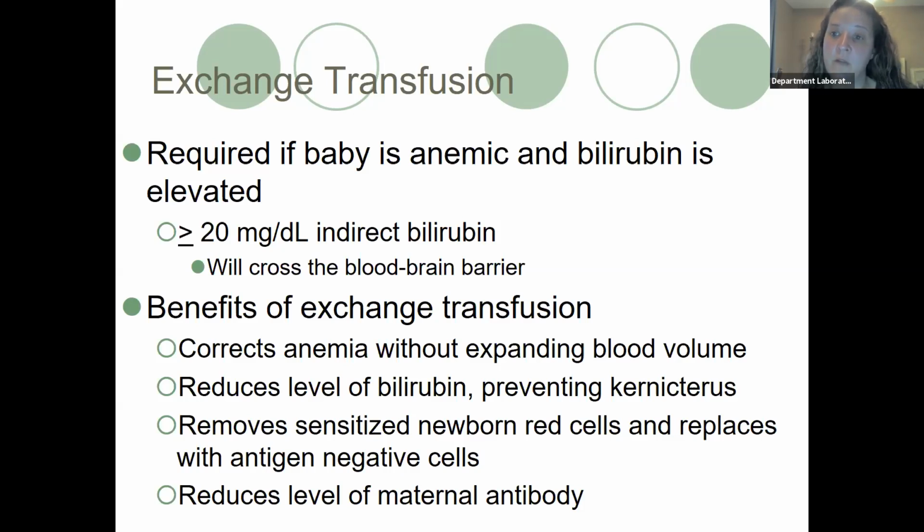We want to get rid of all of that extra bilirubin so we can do an exchange transfusion. And again, like I mentioned, it's going to correct that anemia. So we pull off red cells from the baby and then replace with donor cells the exact same amount. So we're not adding any extra volume into that baby's circulatory system.